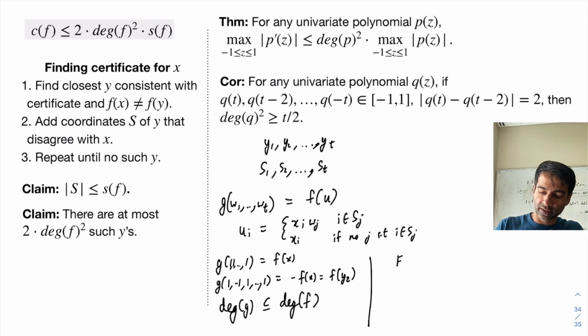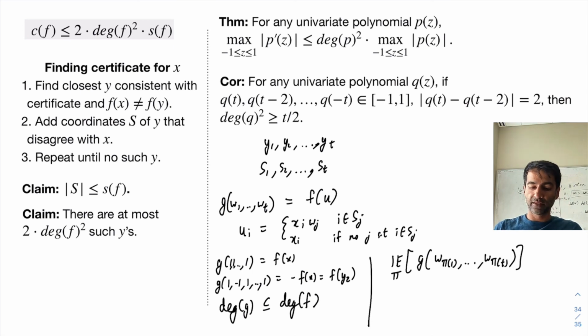So pick a random permutation pi of the t coordinates and consider the expected value of g of w of pi of 1 up to w of pi of t. In other words, this is a polynomial which, on a particular input w1 to wt, first applies a random permutation to the inputs and then evaluates g, and spits out the average value of that experiment.